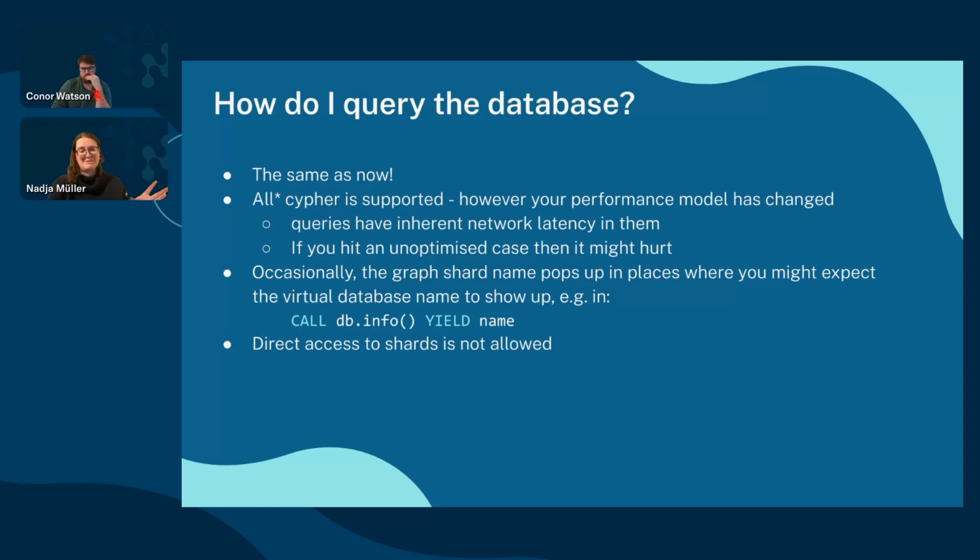This is partially because we have some inherent network latency when you reach out to the property shards from the graph shard. But also, as we've seen in Conor's example, sometimes you can do some of the computation that you would have done in a single graph on the property shards in parallel, so that can also benefit you. However, even with the optimizations, occasionally you might hit an unoptimized case right now, and that might hurt.